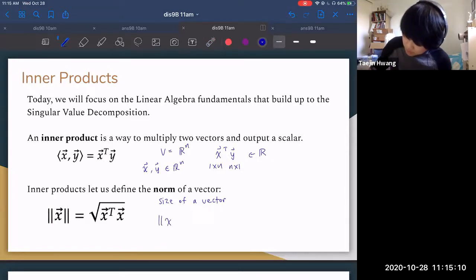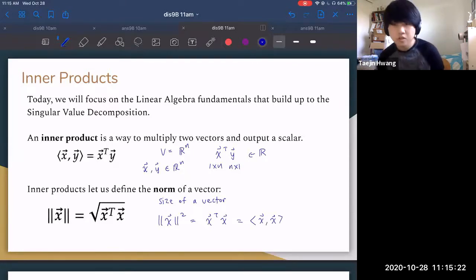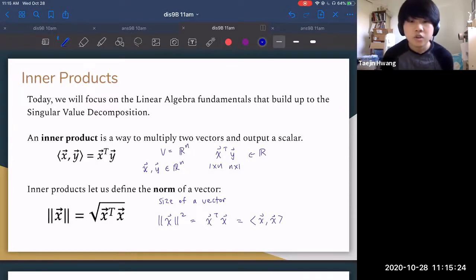More commonly, you might see that the norm of x squared is equal to x transpose x, or the inner product of x with itself. So any questions about inner products and norms?